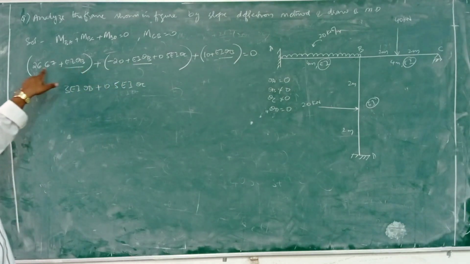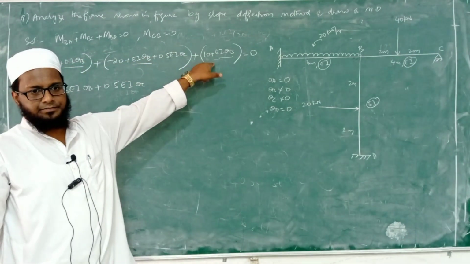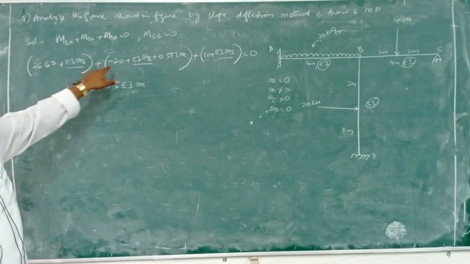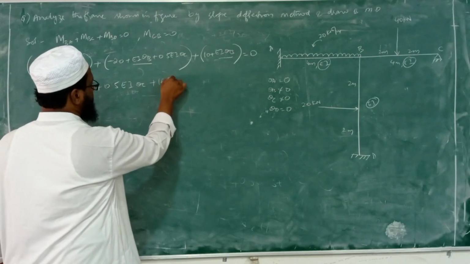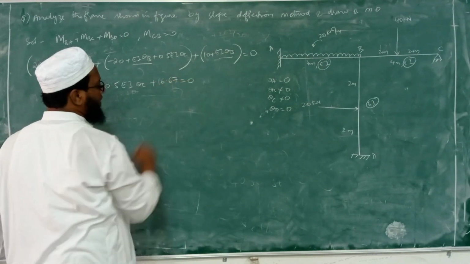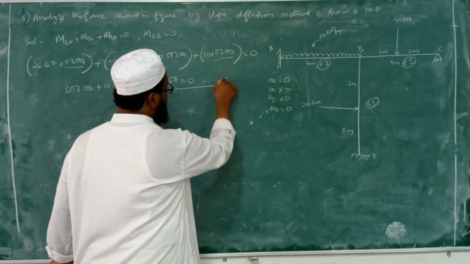We have constant values, that is 26.67 minus 20 plus 10. 16.67 equal to 0. This is equation number 7.